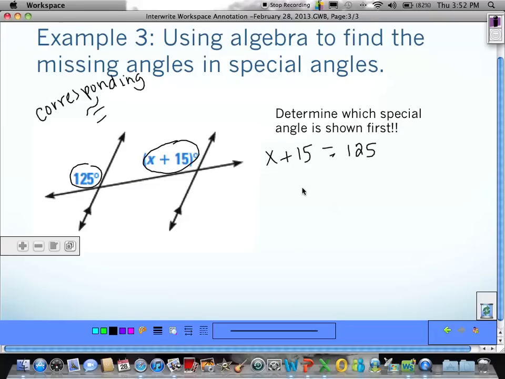So I subtract both sides by 15. And I get that x equals 110 degrees. So in this case, I'm finding x because I already know if I plug it in, it's going to give me 125. So this would be my answer. X equals 10 degrees, or 110, sorry.